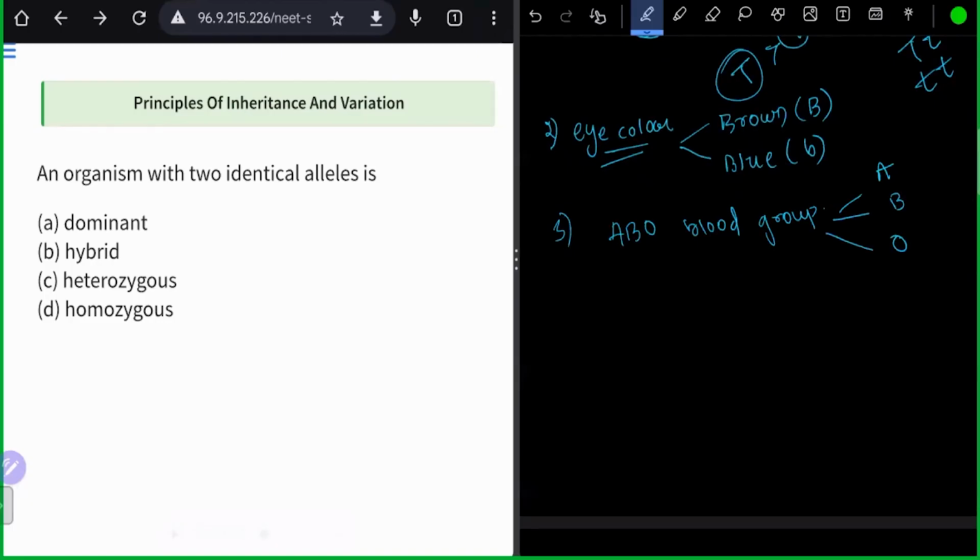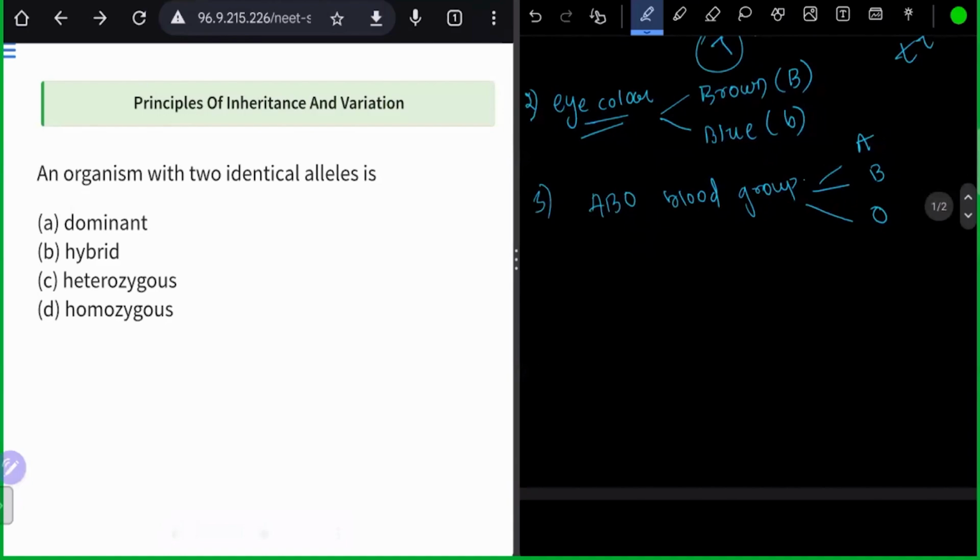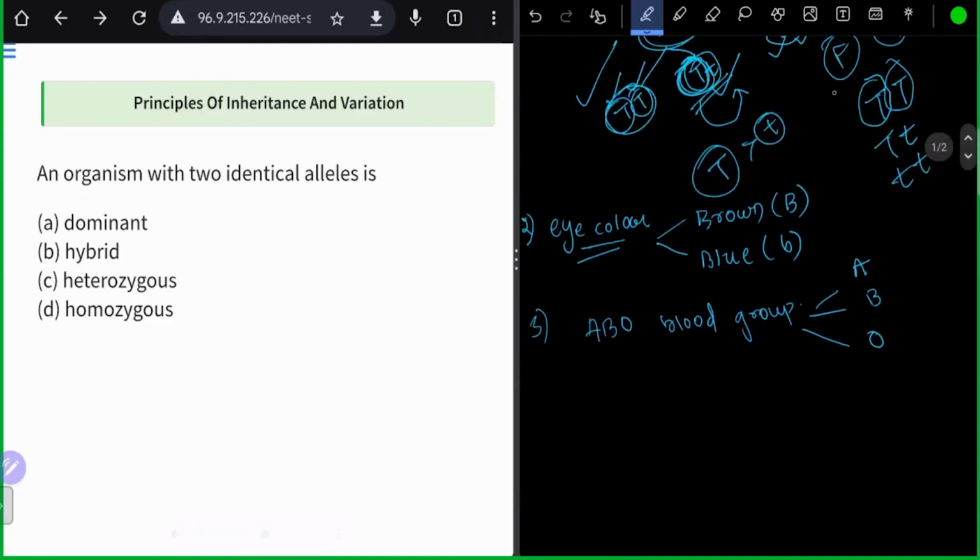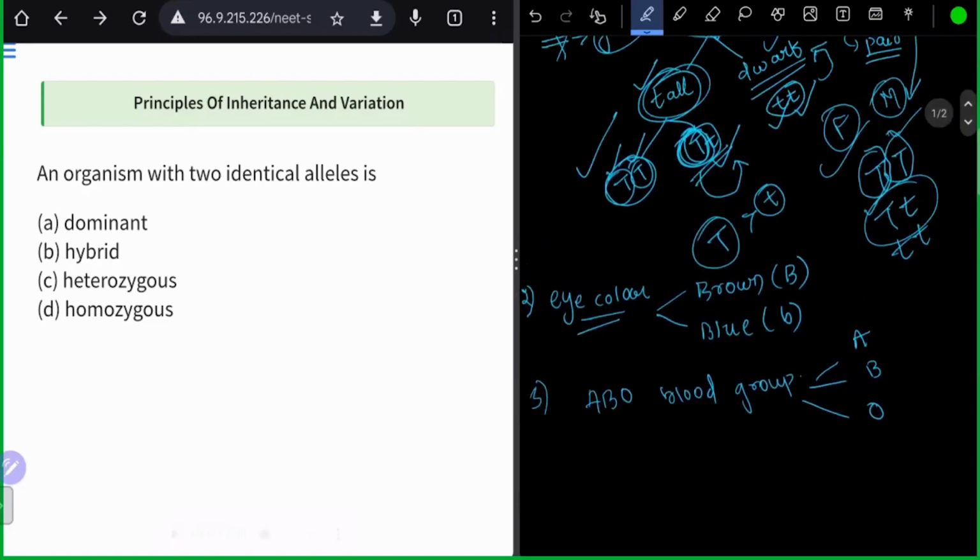We are diploid organisms, like humans. Most genes exist in pairs with one allele inherited from each parent. The combination of alleles then determines the organism's trait. Small t and capital T determine the tallness. What is the trait here? The trait is tallness and the phenotypic character is height.